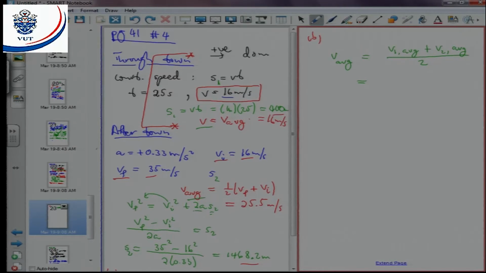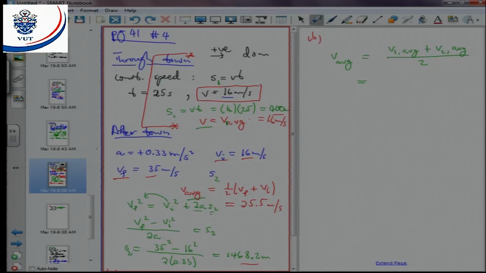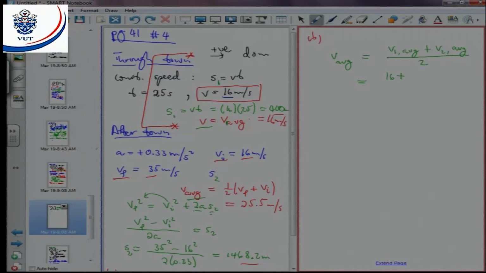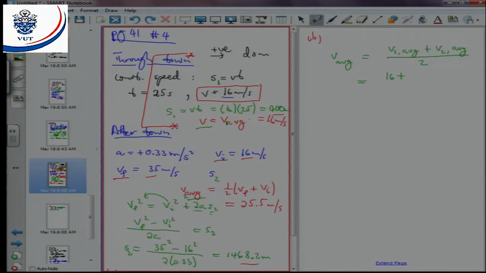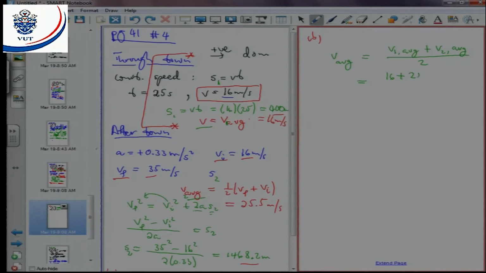So V1 average is this here, so that's just 16, and then the average speed for the second trip is this one here, so that's 25.5 over 2. Then our average speed for the whole trip is just if you add those two and divide by 2, which is 20.75 meters per second.